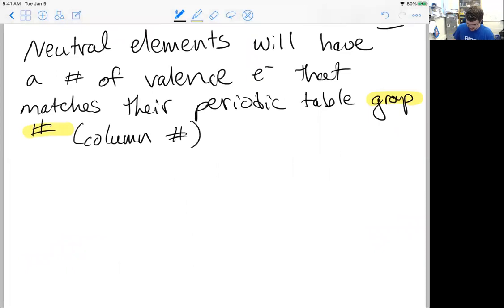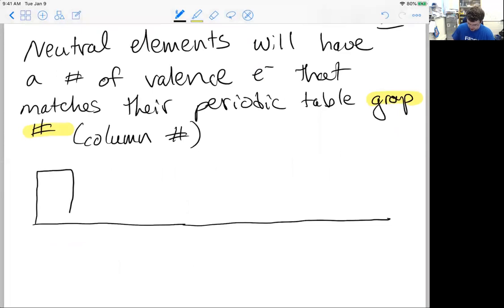Now this is a really important concept, that the periodic table column or group number matches the number of valence electrons in an atom. But let's be careful and understand that this works for only so many elements.